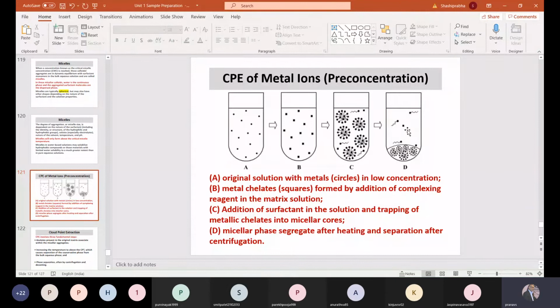And then you will have an aqueous solution which will contain a few monomers of surfactants which are there in this aqueous medium. But you get a distinct phase, the surfactant phase, where the analyte of interest is entrapped, or here it is metal ions.